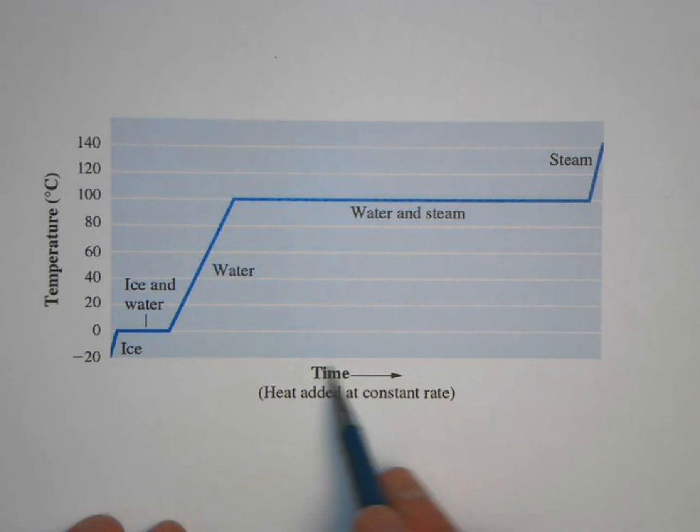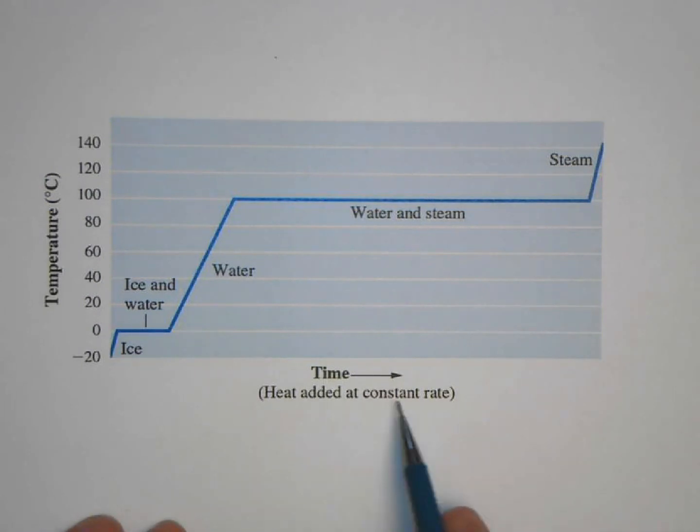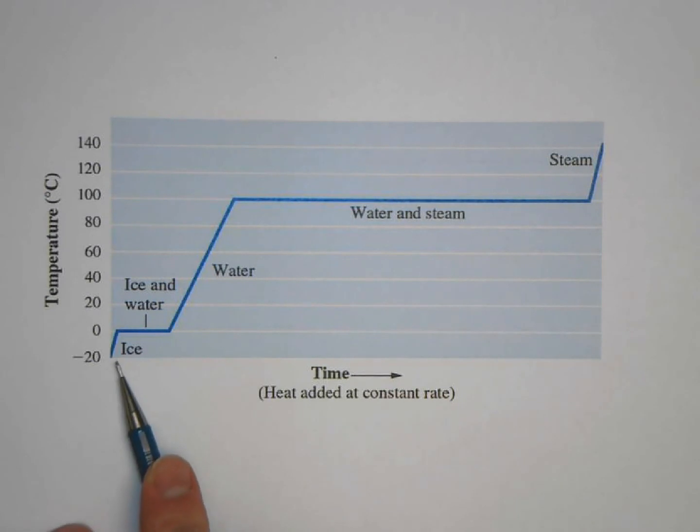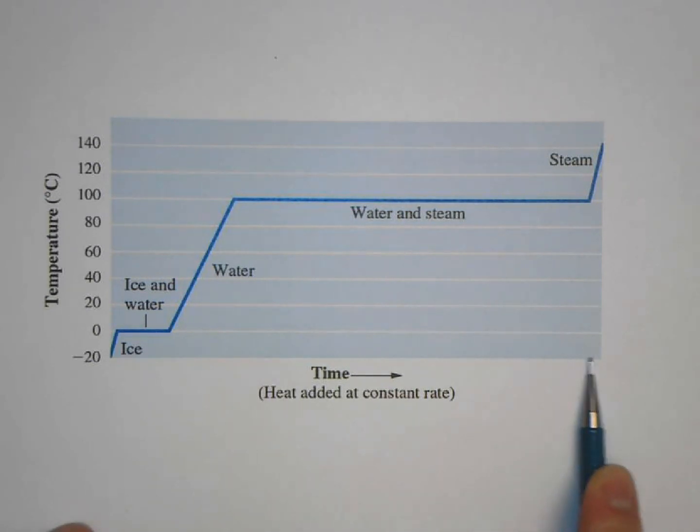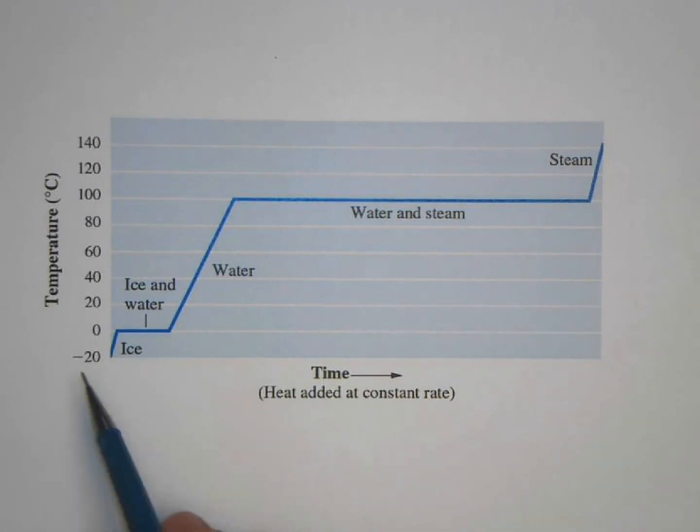Here on this axis we have time, and we're adding heat at a constant rate. So you can think of energy being put in at a constant rate as we go along from zero to more energy. So energy is being put into our, in this case, they've got it labeled for ice, water, liquid water, steam, and so on.